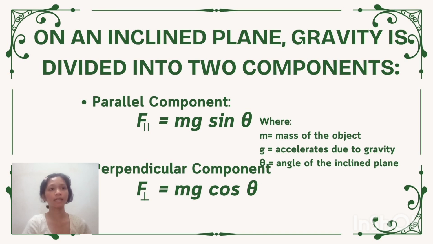The first is the parallel component, given by F parallel equal to mg sine theta. Here, mg stands for m times g, or the overall weight. This component acts down the slope and causes the object to tend to slide downward. So the parallel component is responsible for the object's movement.